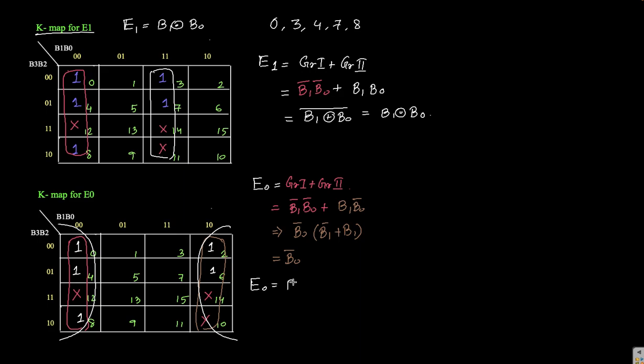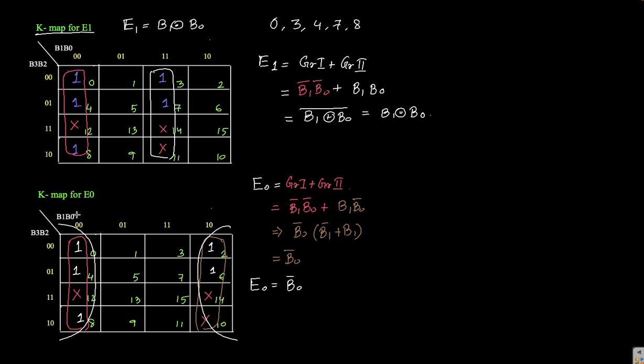This is very convenient, to take groups of 8. For a 16-cell K-map it is obviously impossible to get 16 ones, but it is quite possible that you get 8 ones at a time.